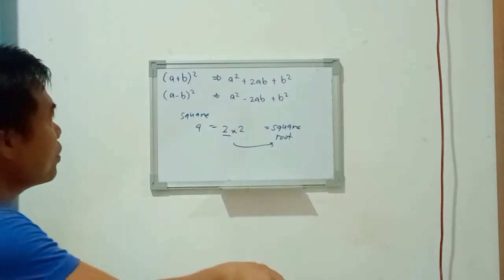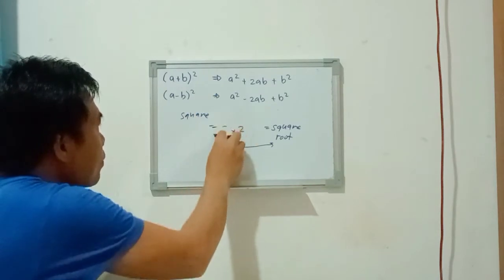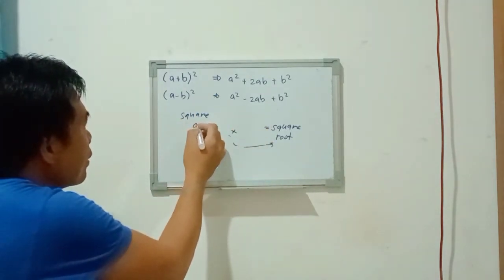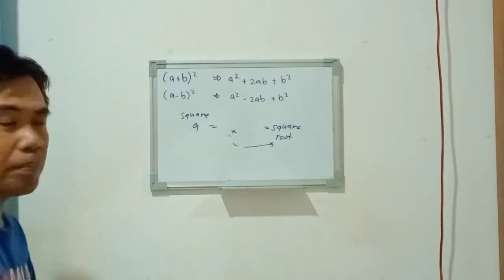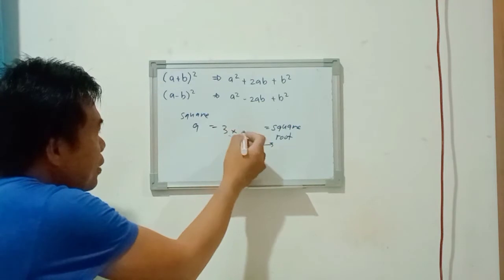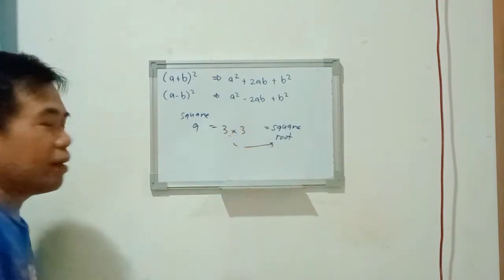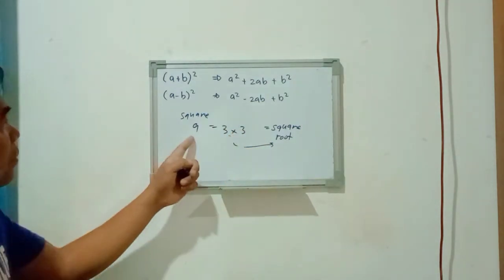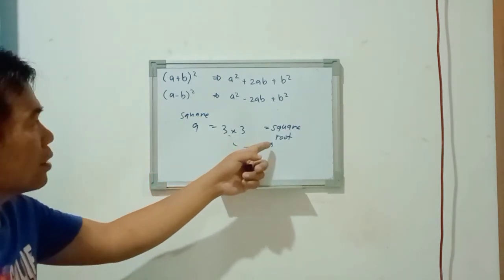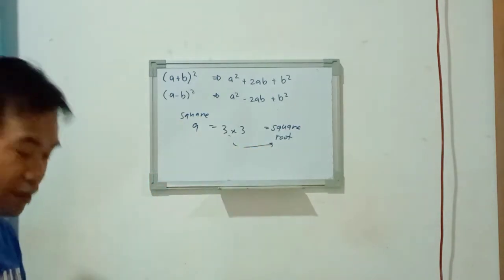Another example, 9. 9 is a perfect square because 9 can also be written as 3 times 3. So 9 is a square, and therefore 3 is the square root of 9.